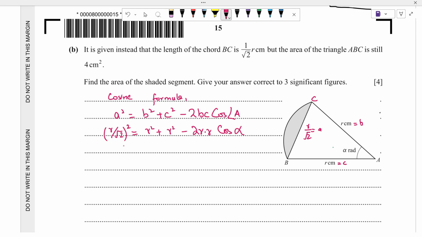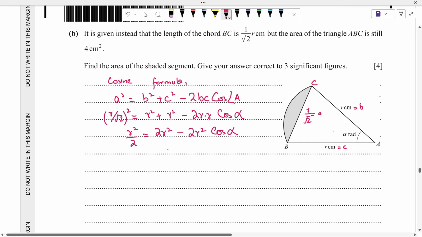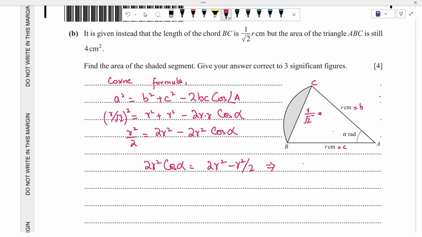So this is r square over 2, equal to 2r square minus 2r square cos of alpha. Further solving, we will have 2r square cos of alpha equal to 2r square minus r square over 2, which is 4r square minus r square over 2.